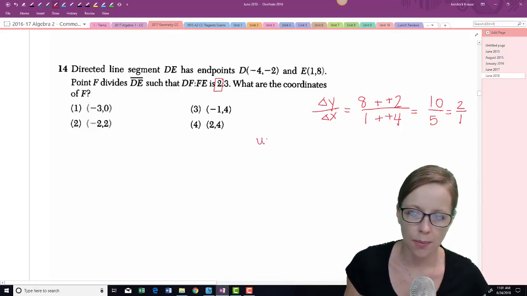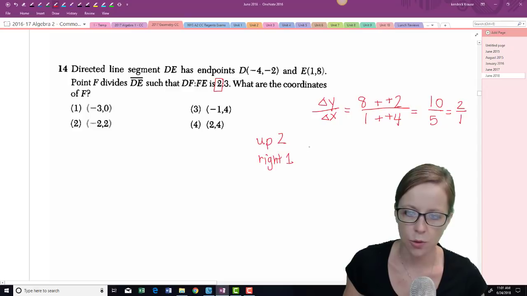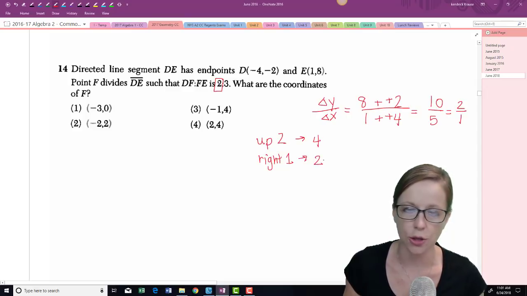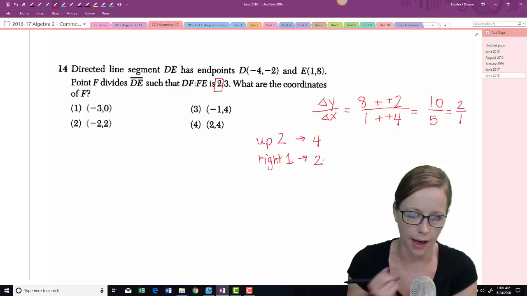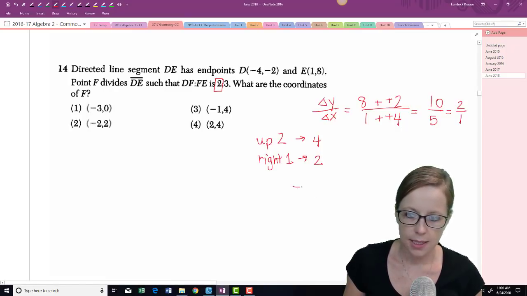Up 2, right 1 twice would be up 4, right 2. So from D to F, D is -4, -2.